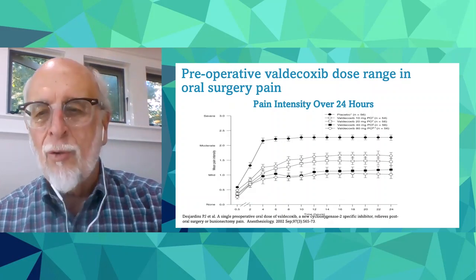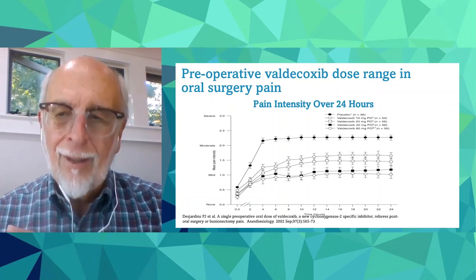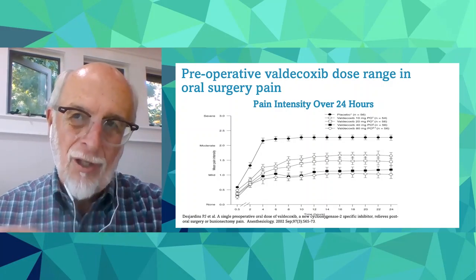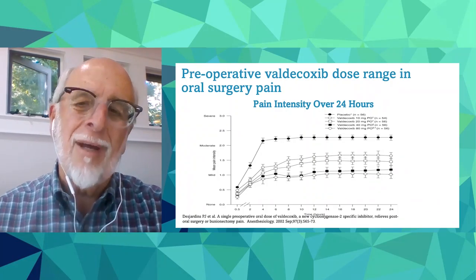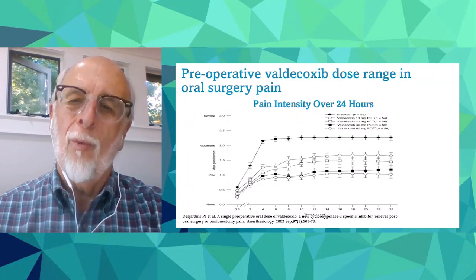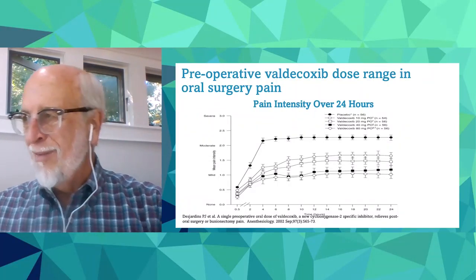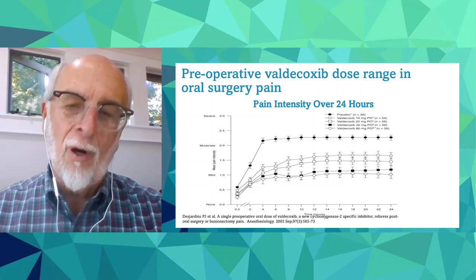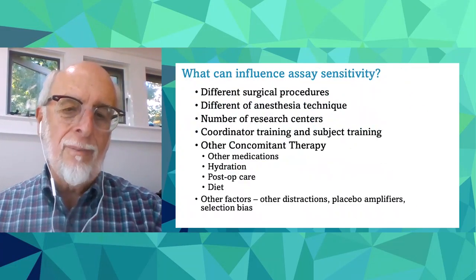That's okay as a research tool, but in a clinical population in your office, those patients should be taking medication before the local anesthetic wears off. That tends to be where it works the best. It doesn't prevent pain from happening in the future, but it minimizes the postoperative pain and complications.